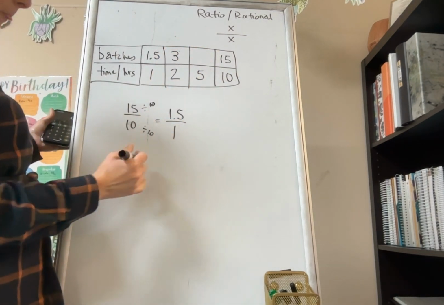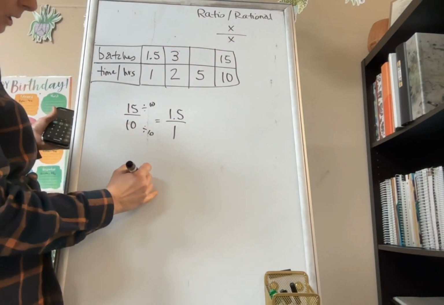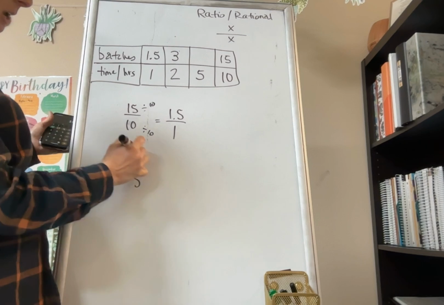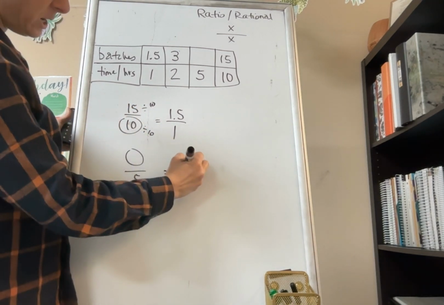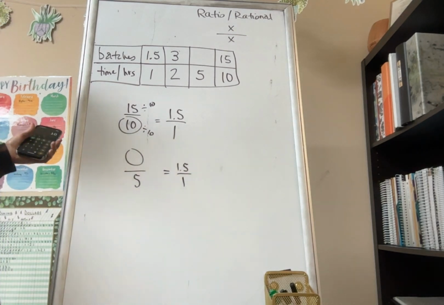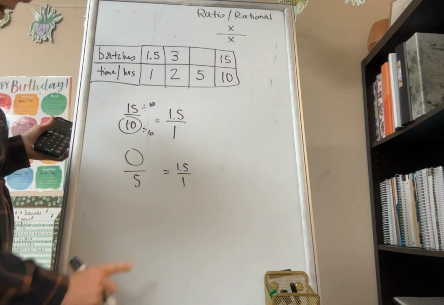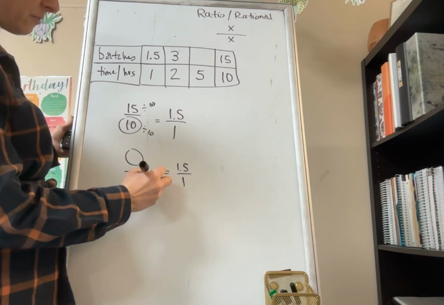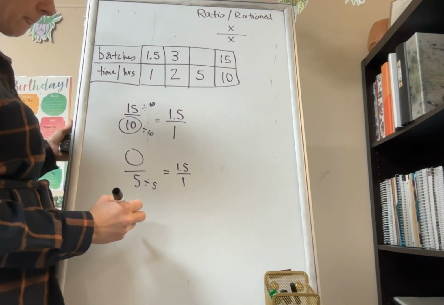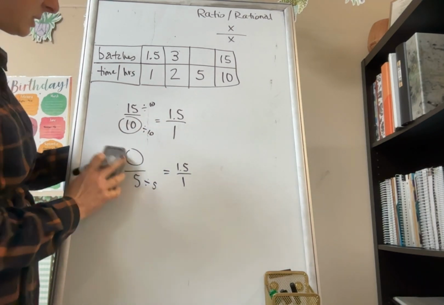Now, here we know how much time he has, but not how many batches he can make. And we need to turn this into 1.5 over 1, our unit rate. So how did 5 turn into 1? Well, we said 5 divided by 5. Actually, let's write this the opposite way.